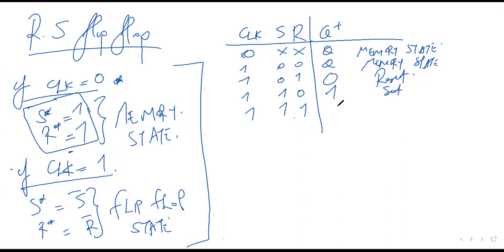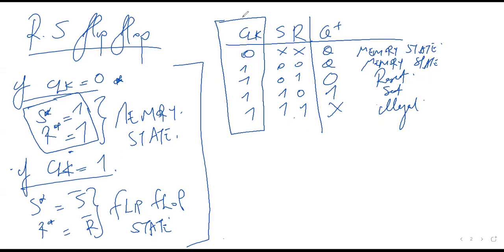For 1, 1, illegal state. The difference between the truth tables of the flip-flop and the latch is here. We have a clock on this one. We don't have a clock on the other one.